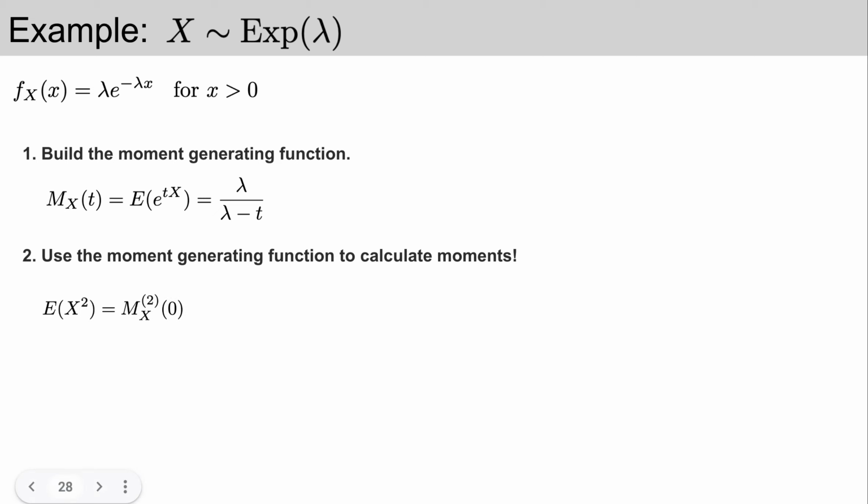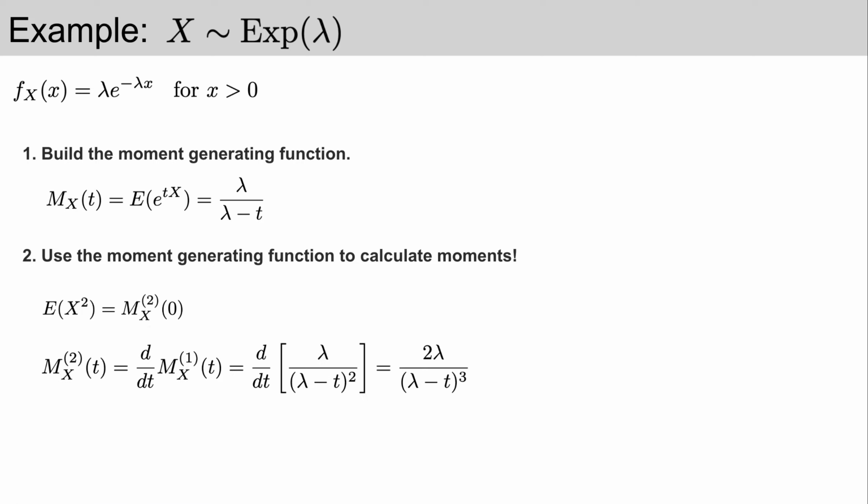Similarly, we can calculate the second moment, E of x squared, by evaluating the second derivative of the MGF at 0. In this two-step process, remember that we first must take the second derivative of M of t with respect to t, or the derivative of the first derivative that we calculated on the previous slide. Recall that that first derivative was lambda divided by lambda minus t squared.